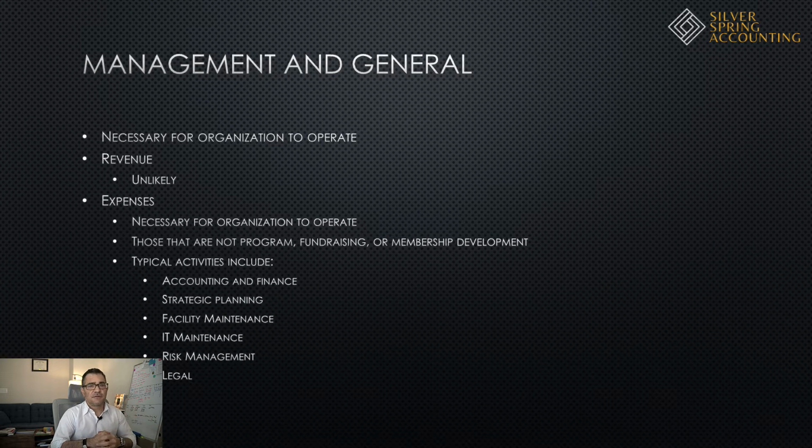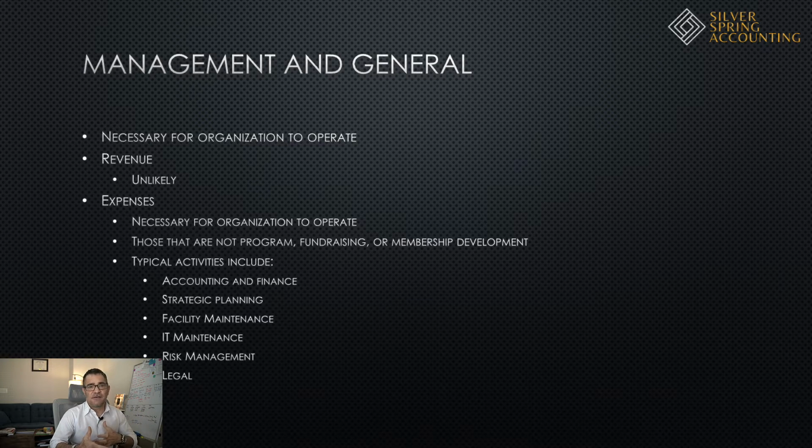After program revenues, you've got supporting services. And one of those supporting services is management and general. And these are the types of expenses that are generally necessary for the organization to operate. You are very unlikely to receive money or record revenue into a management and general class.